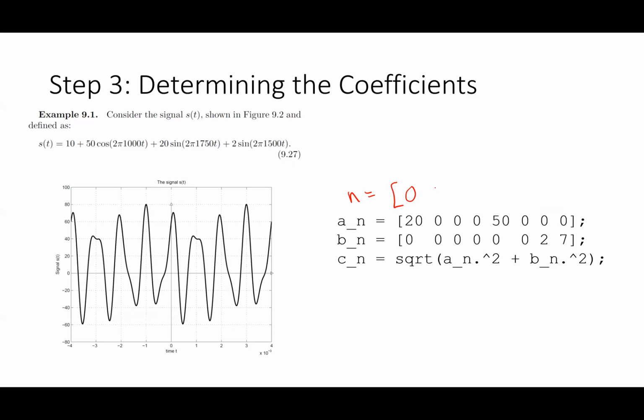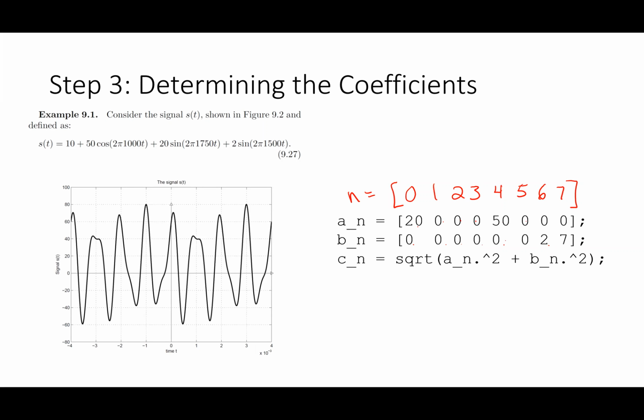So here's 0, 1, 2, 3, 4, 5, 6, 7, right? So 20 and 0, 0 and 0, 0 and 0, 0 and 0, 50 and 0, 0 and 0, 0 and 2, 0 and 7, right? They line up with each other.